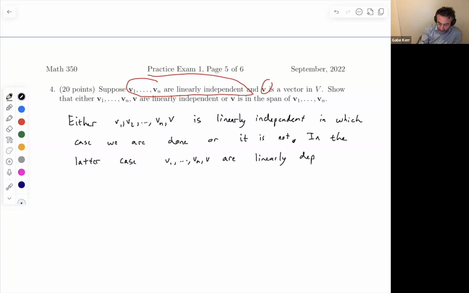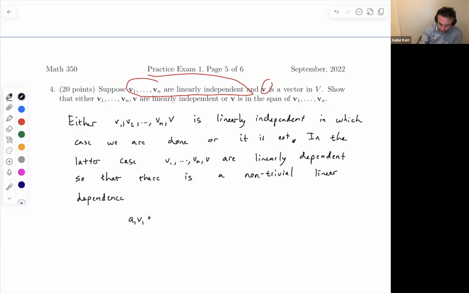And what that means, just following the definition, is that there is a non-trivial linear relation. That is the definition of linear dependence. So that there is a non-trivial linear dependence. And let me write it out.